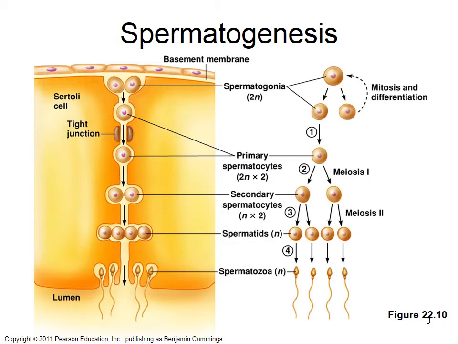And at that point, they're going to be released into the lumen of the seminiferous tubule. They're not motile yet. They're not yet fully mature. And then again, spermatogenesis is supported by those Sertoli cells under the direction of both follicle-stimulating hormone and testosterone.